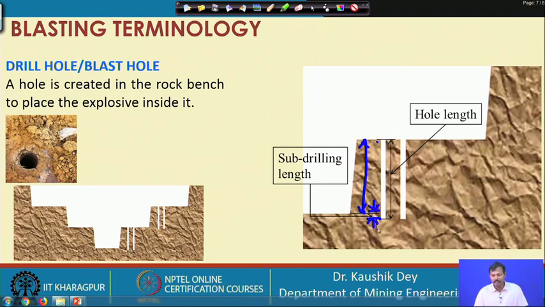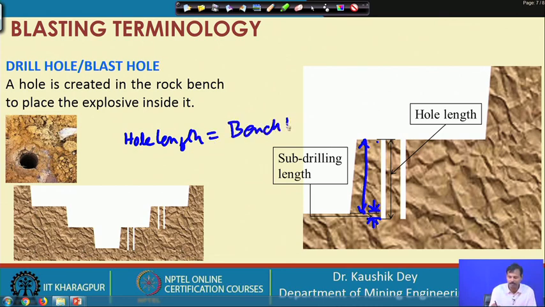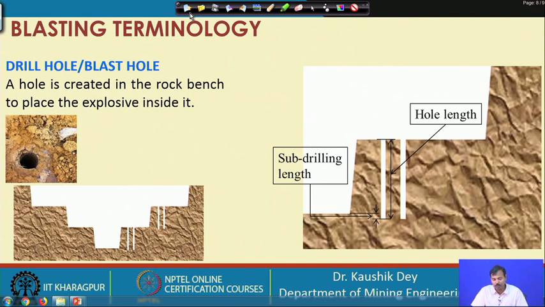This additional drilling which is carried out in the drill hole is called sub drilling. So, this is the sub drilling length, this is the bench height, and the total hole length is nothing but the bench height plus the sub drilling length.